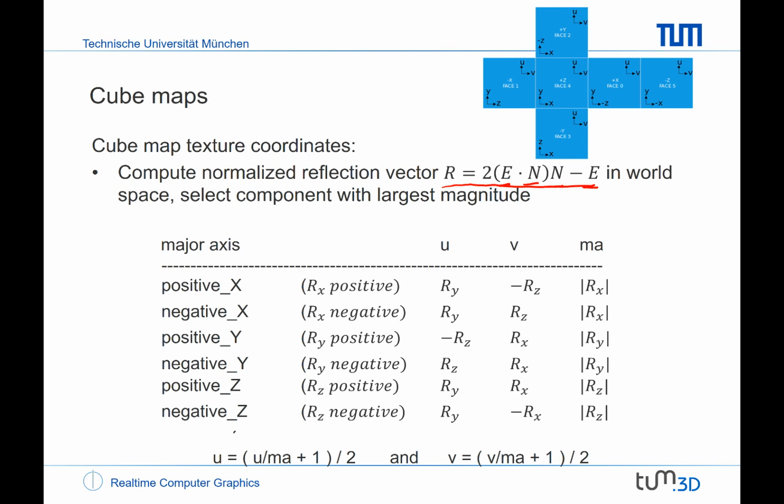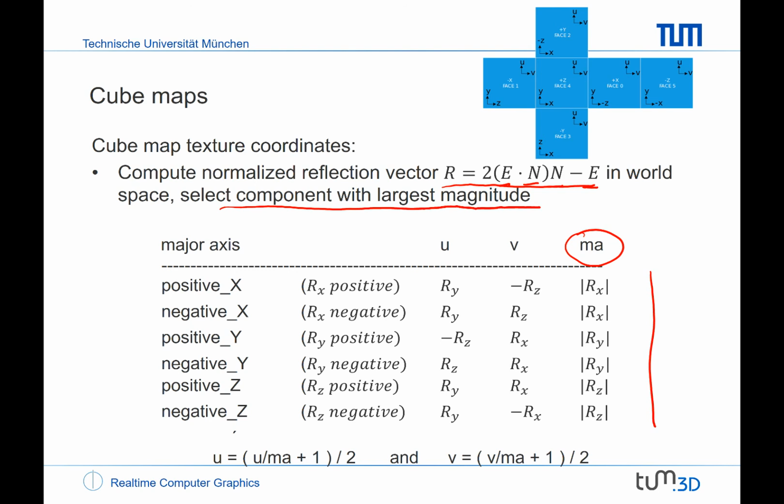And then we select the component with the largest magnitude. We call this component MA, or we use a variable MA, which gets assigned that largest component. And then, depending on which of the X, Y, and Z components is the largest, and whether we look along the positive or negative X, Y, or Z axis, we get the 6 cases which we have summarized here.